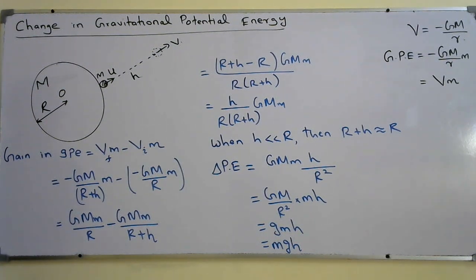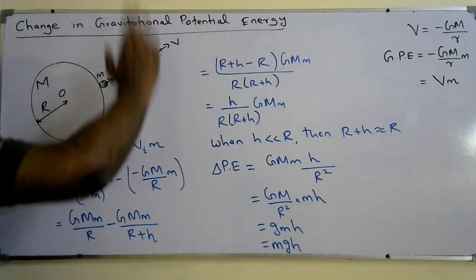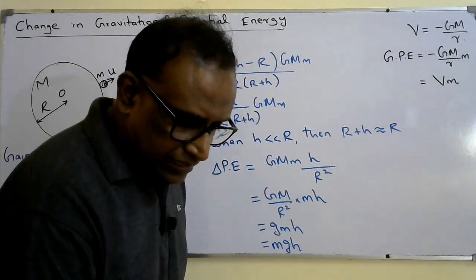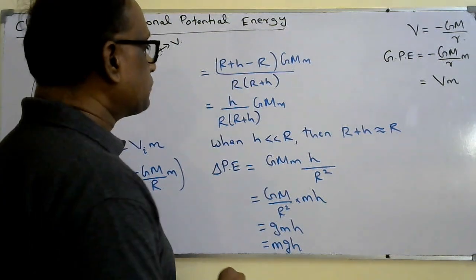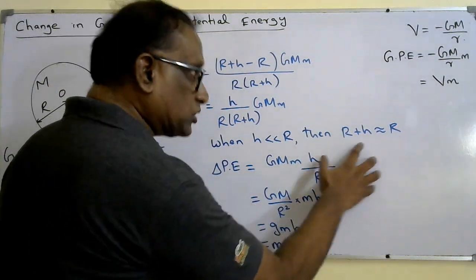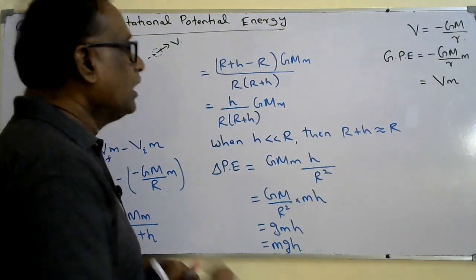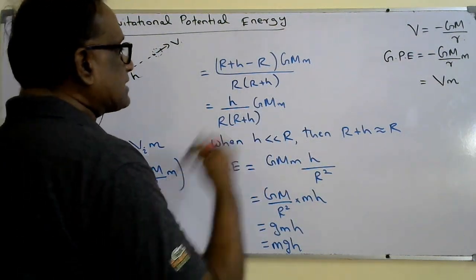So here what's happened, it's thrown away, so there is a gain in GPE. If h is not much smaller than r, if that is not true, then you have to use this as the gain in gravitational potential energy, which is equal to the loss in kinetic energy.